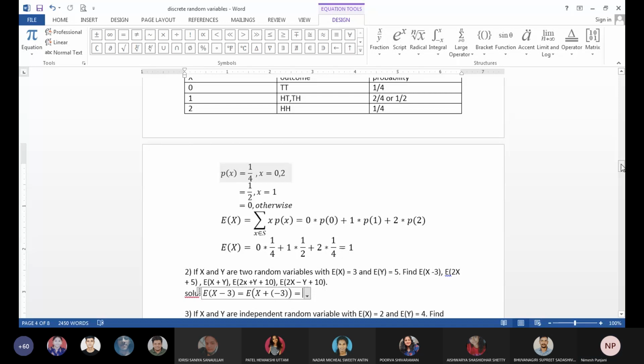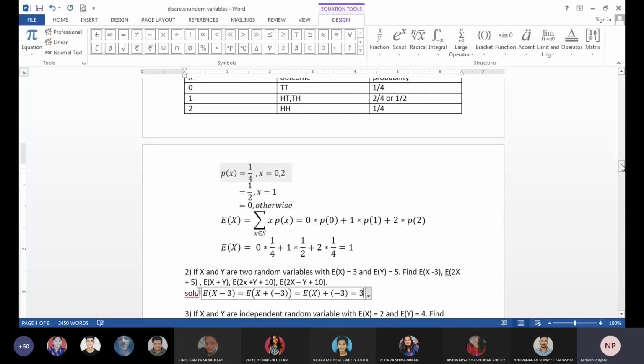Right? So this is of the form x plus b, first property. So what does your first property tell you? What is expected value of x plus b? It is e of x plus b, so it is e of x plus, in brackets, minus 3.